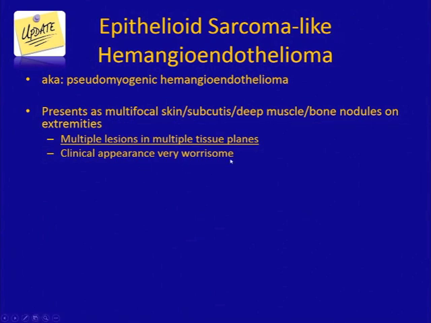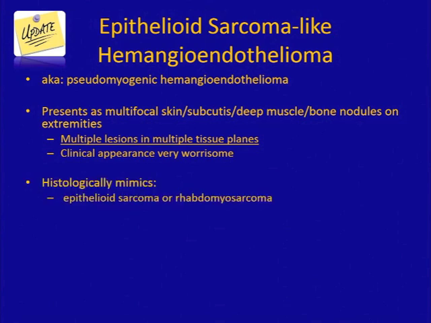The clinical appearance is very worrisome for metastatic disease because you have all these additional nodules in the soft tissue and the bone, and oftentimes the clinicians or the radiologists will be very worried that this is metastatic from somewhere. So histologically, though, this tumor looks a lot like epithelioid sarcoma, and sometimes can also mimic rhabdomyosarcoma. So those two things explain why it has been given the names it's been given.